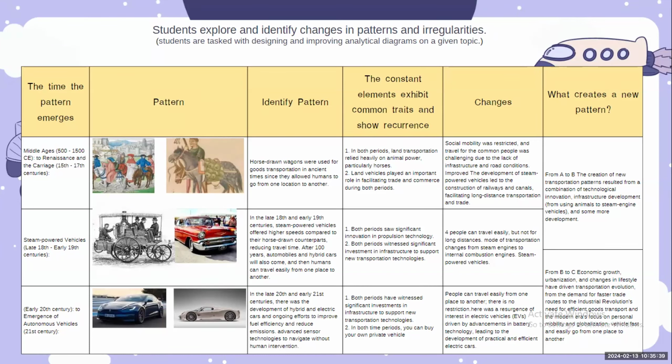Both periods saw significant innovation in technology, and both witnessed significant investment in infrastructure to support new transportation technology.